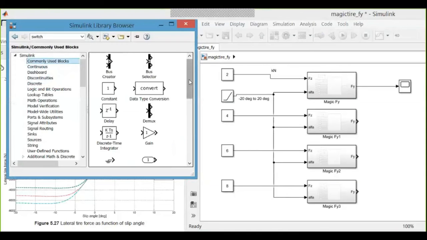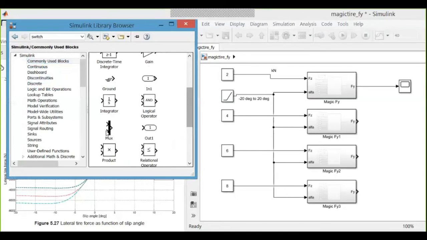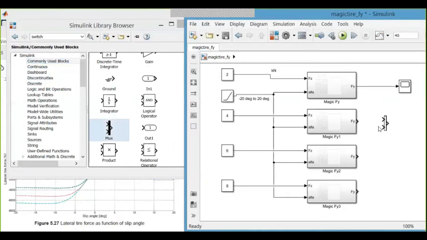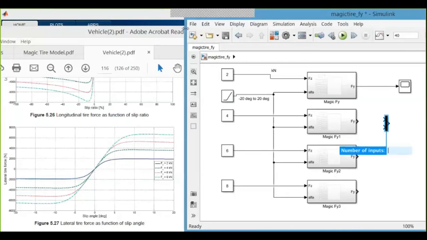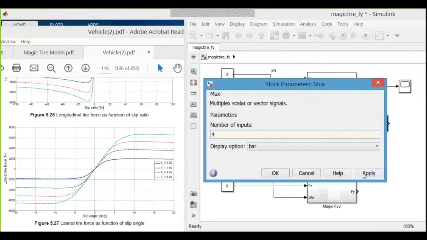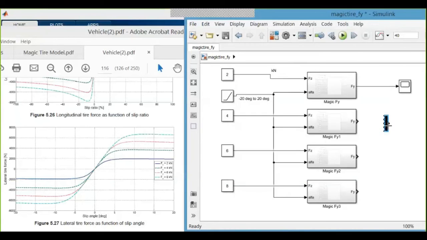Commonly use block, use marks, to compare in one graph. Change the number input to 4. Same scope. Input, output Fy, and then Fy.